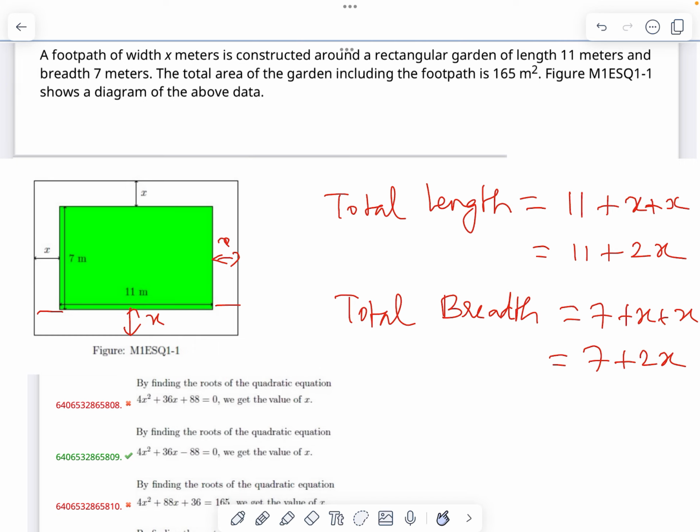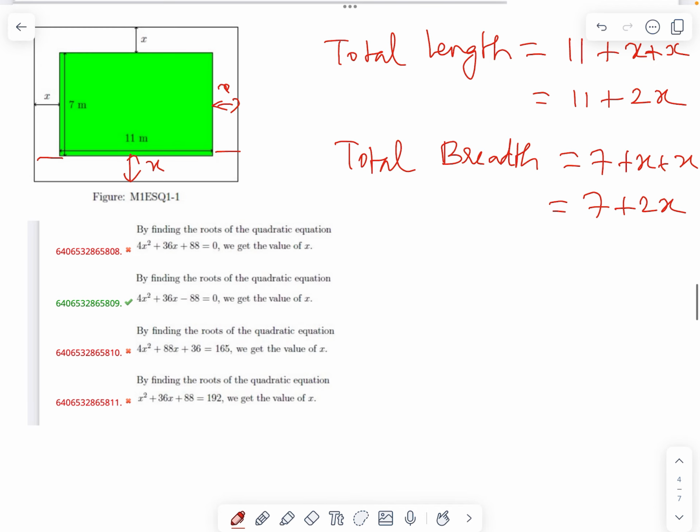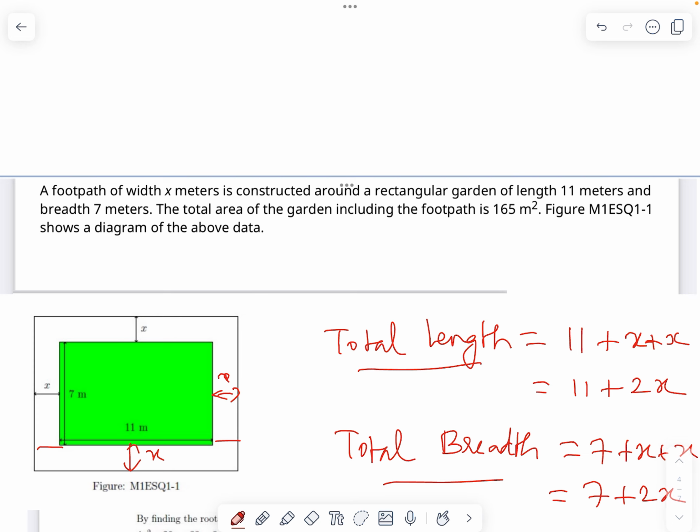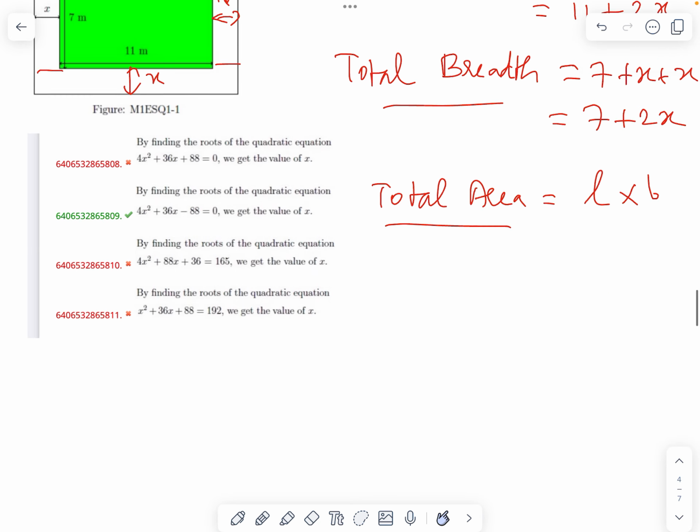Fine. Now the total area. Total area they have given in the question. Since it is a rectangle, what is the area of the rectangle? It is length into breadth. Since we calculated total length and total breadth, we should include that. So according to the formula L into B, already we know the total area value is 165 meter square.